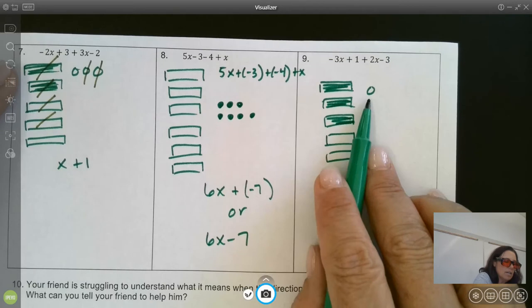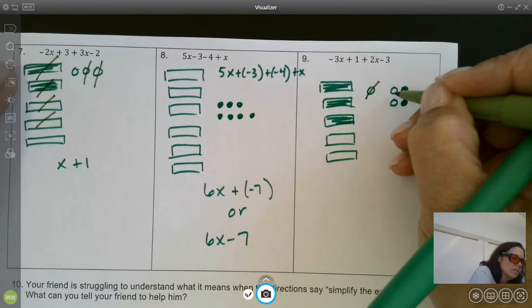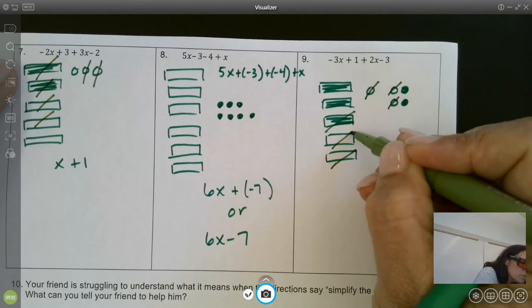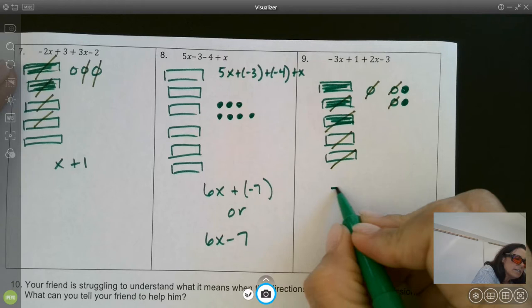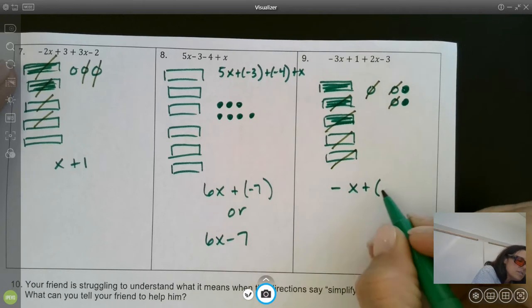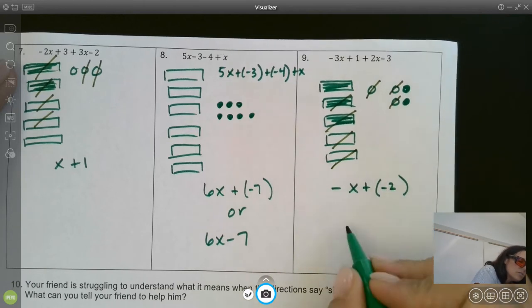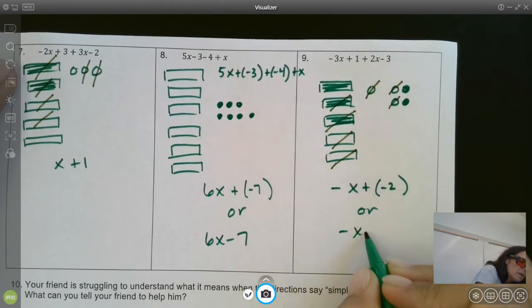I'm going to keep it the way it is, but I'm going to add in 2 zero pairs. Okay, now I'm all set up to take away 3 positives. There it is. Okay, now I'm going to simplify. This one goes away with this one. This one goes away with this one. I'm left with a negative x plus 2 negatives, or negative x minus 2.